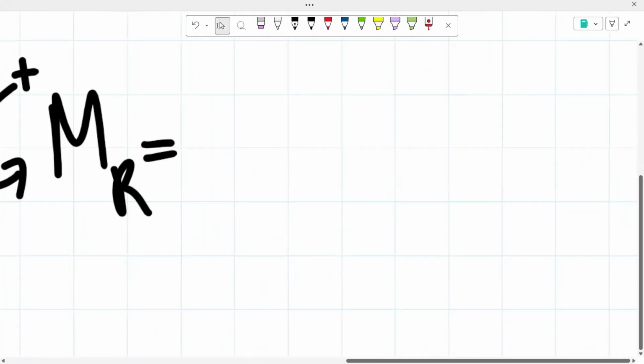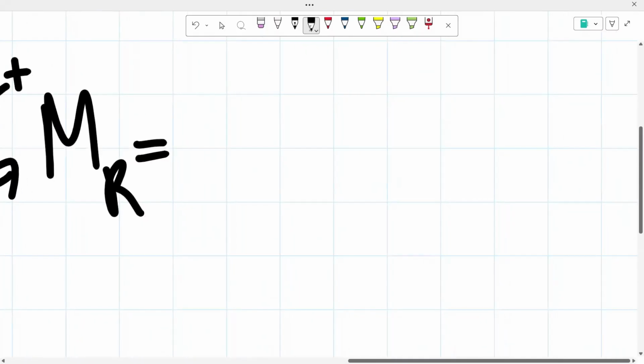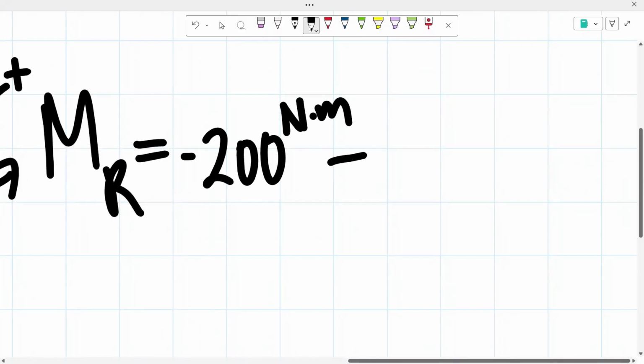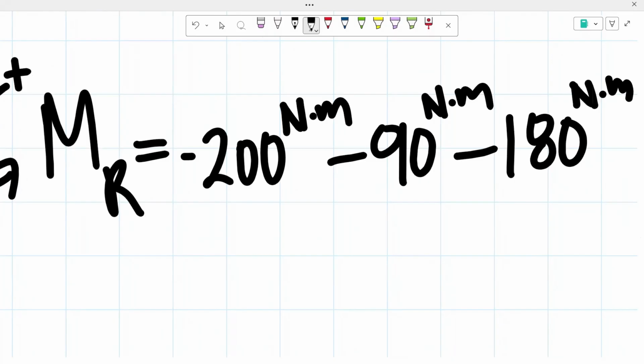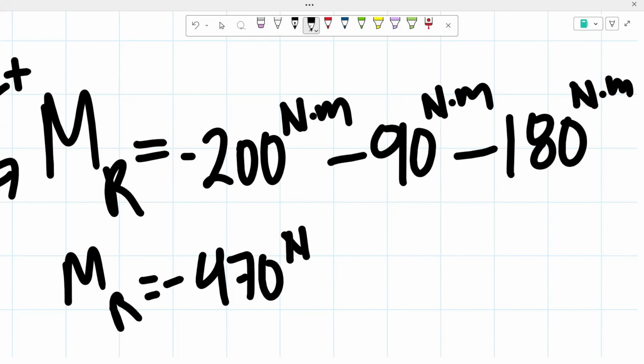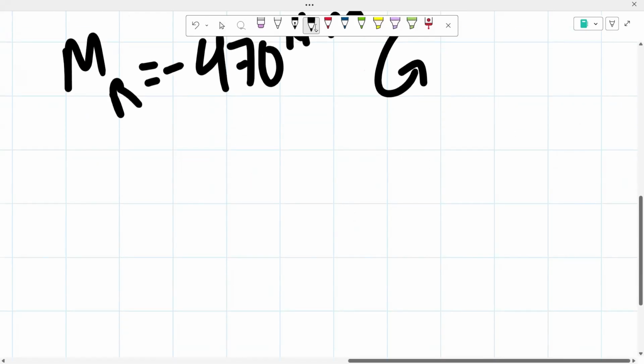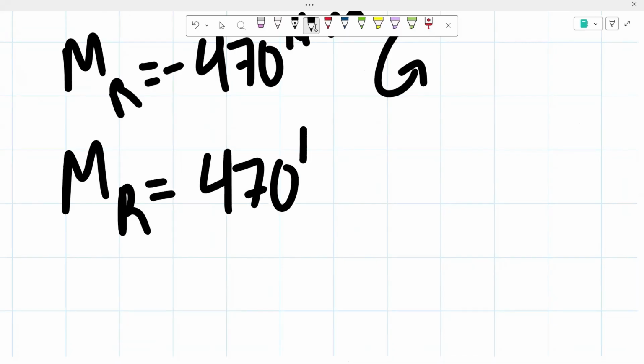So we have negative 200 Newton meters minus 90 Newton meters minus 180 Newton meters, giving us a total of negative 470 Newton meters counterclockwise, meaning that our equivalent resultant moment is equal to positive 470 Newton meters going clockwise.